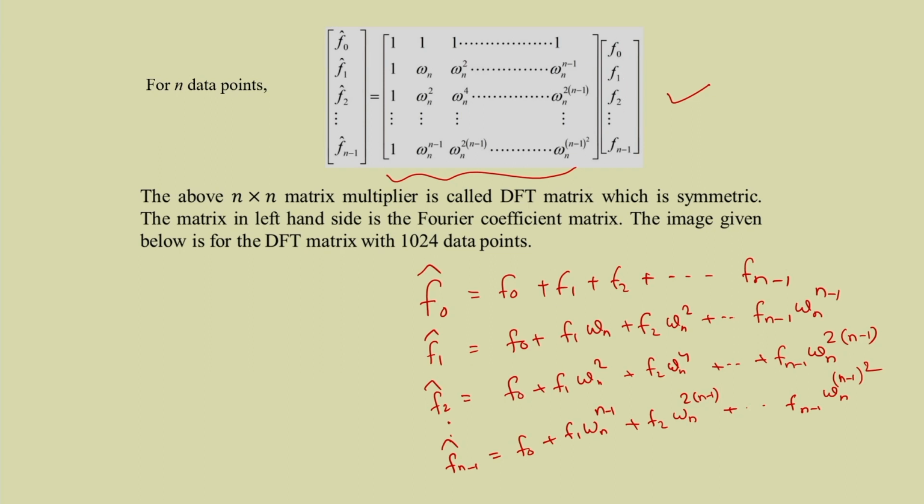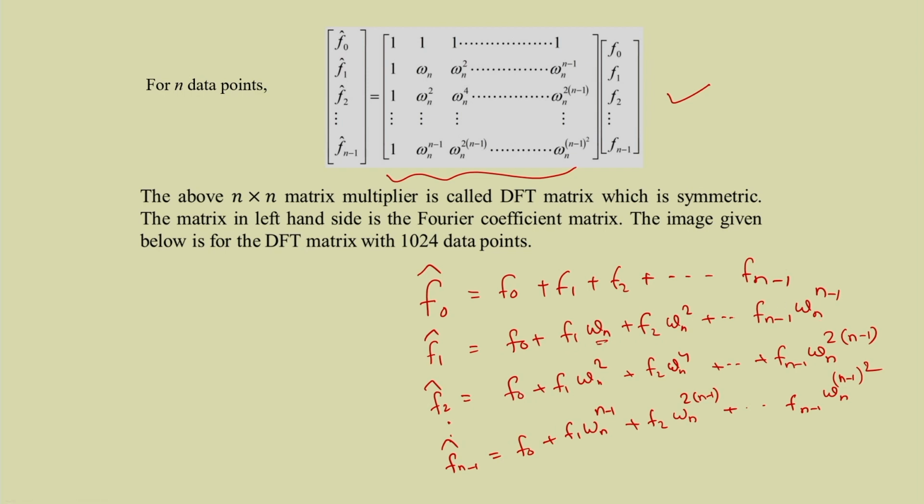So, for the first row the coefficients are 1, 1, 1, everywhere 1. For the second row the coefficient starts with 1, then omega n, then omega n square, up to omega n to the power n minus 1.